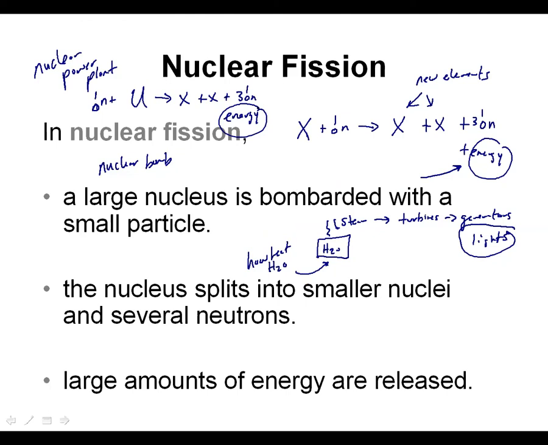So why does a nuclear power plant not go crazy and explode? That's because they do a couple of things. They basically keep the amount of uranium under what is referred to as the critical mass. And what is the critical mass?